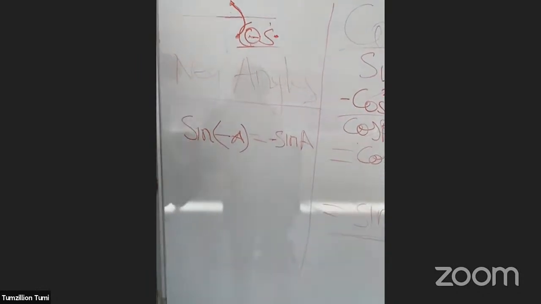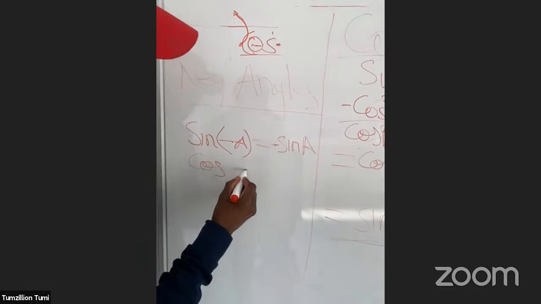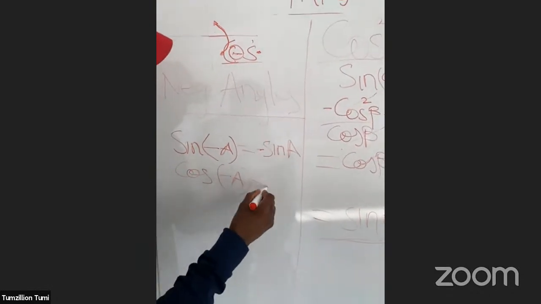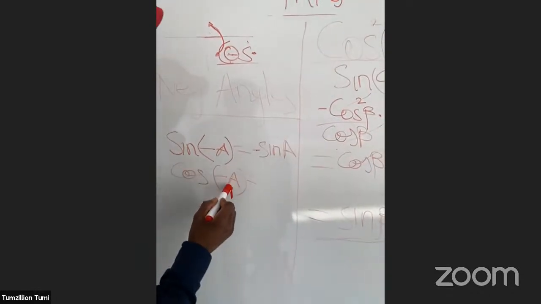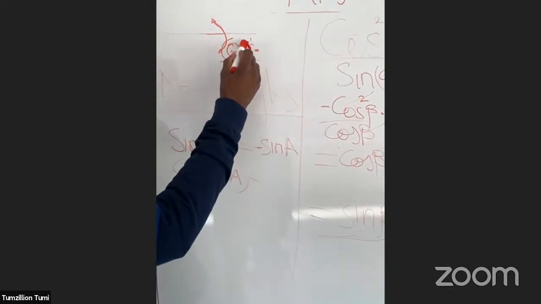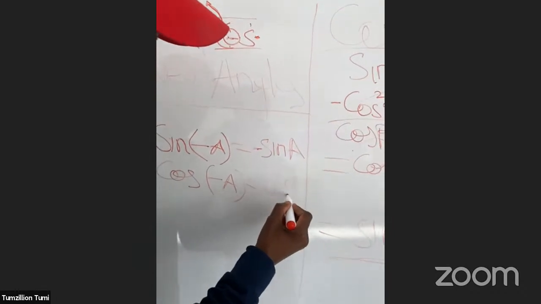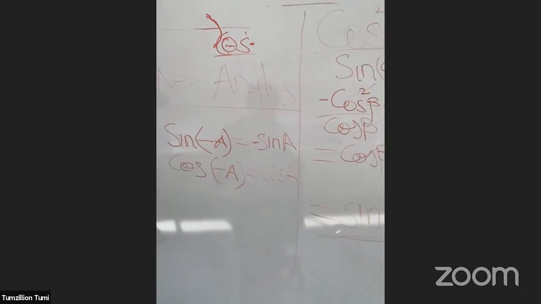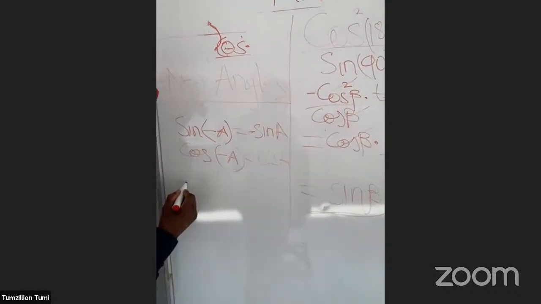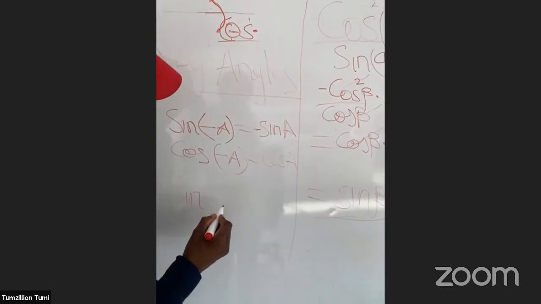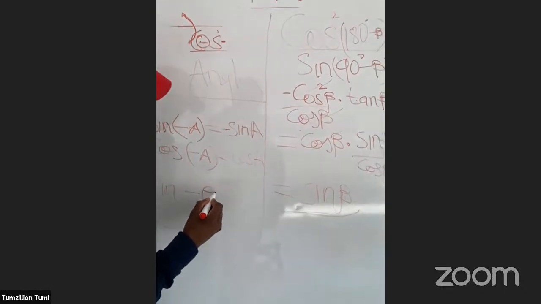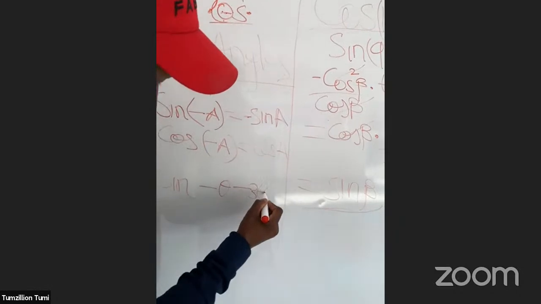What about if we had cos of negative A? The negative angle refers to the fourth quadrant, and therefore cos must be positive there. So this will become cos of A. Okay, so just clearing that off. Some people, when they see negative angles, they see something like sine of negative theta, negative 360.